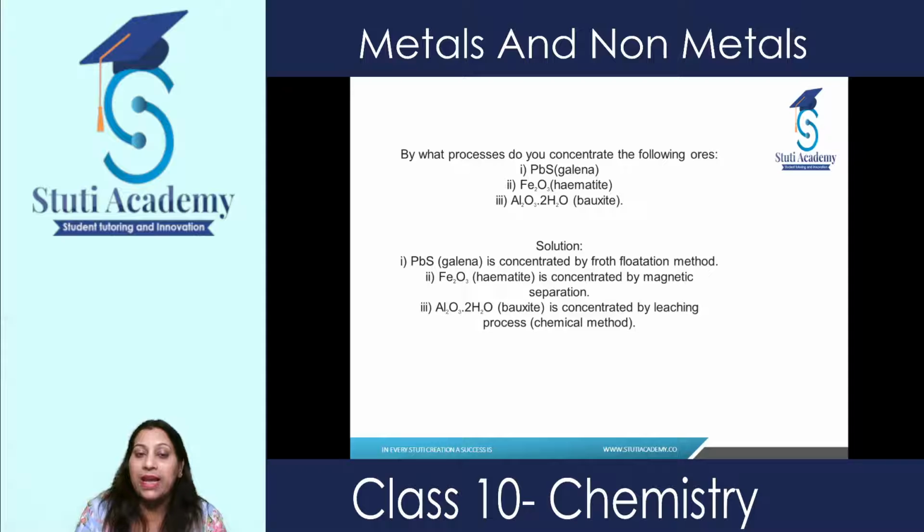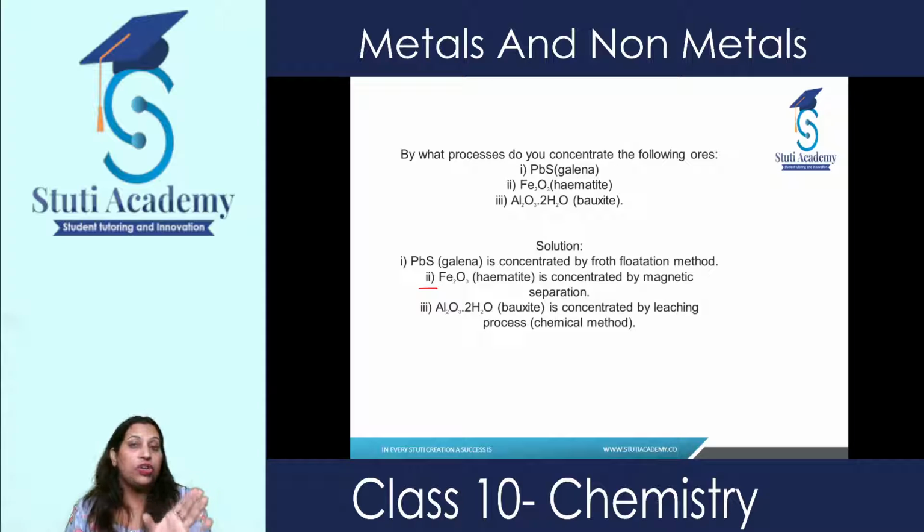Now the second is Fe2O3, which is hematite, an ore of iron. The method we use for the separation of magnetic from non-magnetic impurities is magnetic separation. So here we are concentrating the ore.